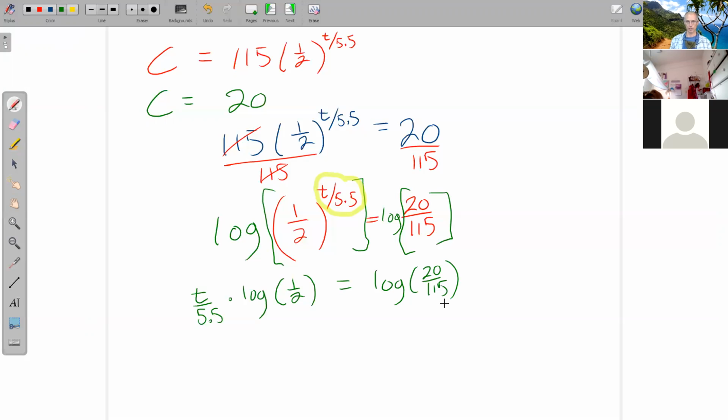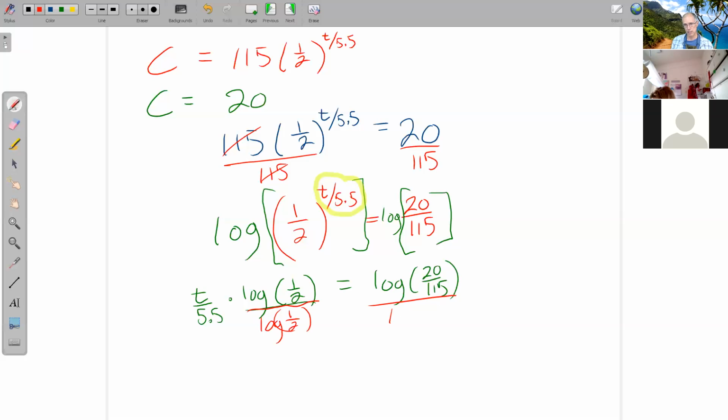Okay. So far it's not too much different than what we've done before, except we got a crazier power. So we have more fractions to hang out with here. At this point, there's a couple of things you could do to solve. In the last set of problems, we divided by the log first. So I could do that next. I could divide by the log of 1/2 here.